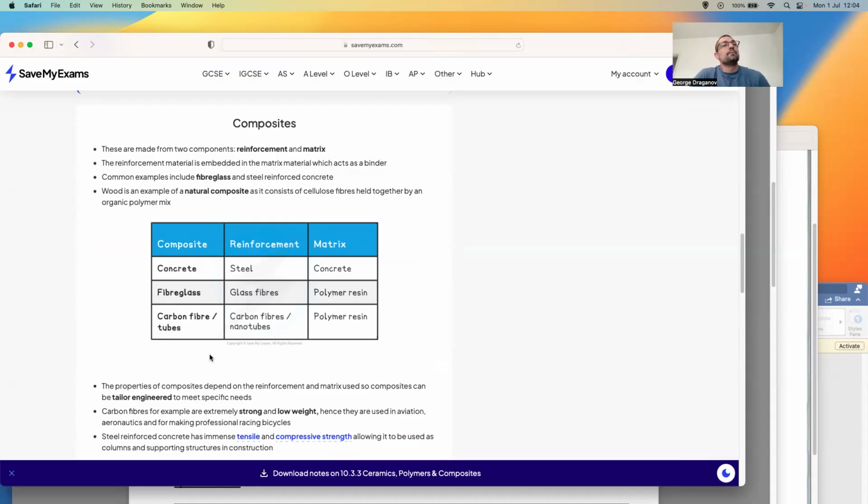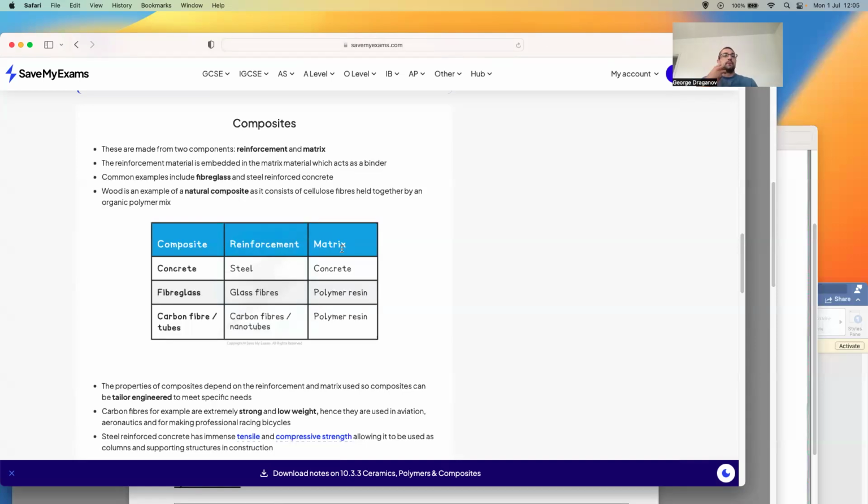So concrete, fiberglass, which is glass fibers being used to reinforce a big polymer, or you have the carbon tubes, which have these strong carbon nanotubes that connect the polymer resin. Okay, so just learn that composites are made of a reinforcement and a matrix, and know some examples.